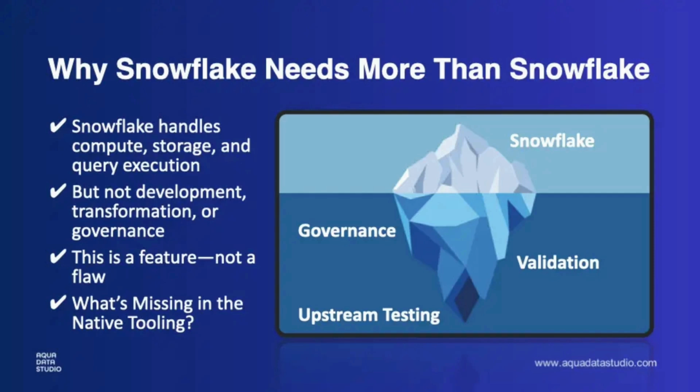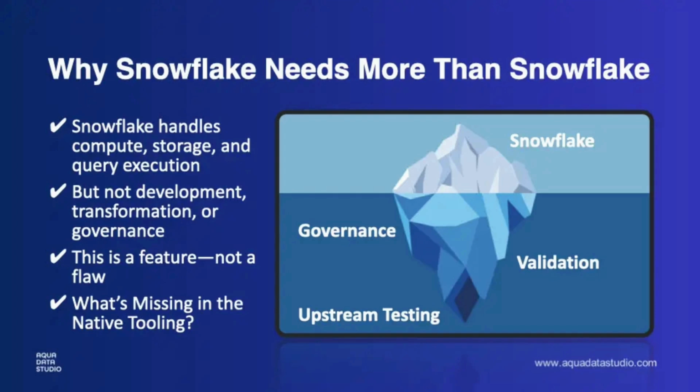With regards to leveraging Aqua Data Studio now, Snowflake excels at its intended functions. It efficiently manages compute, storage, and query execution in its cloud native manner. However, this specialization imposes limitations. It's neither a development environment nor a BI platform.